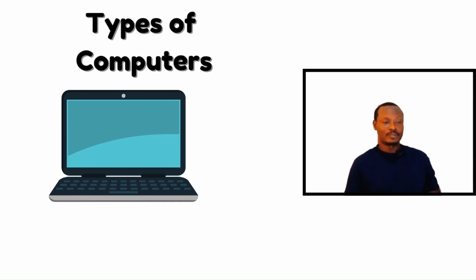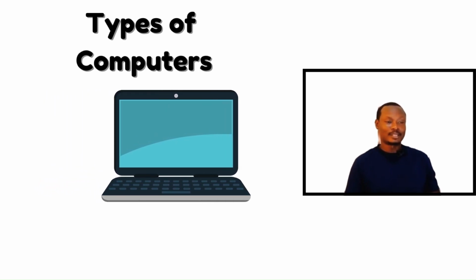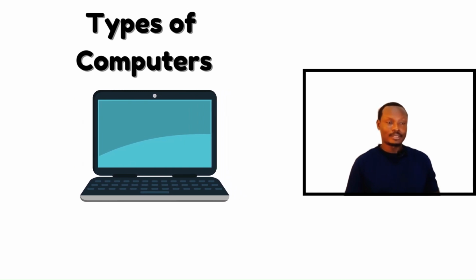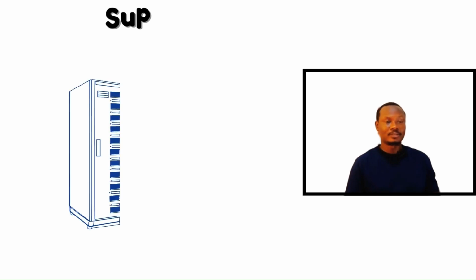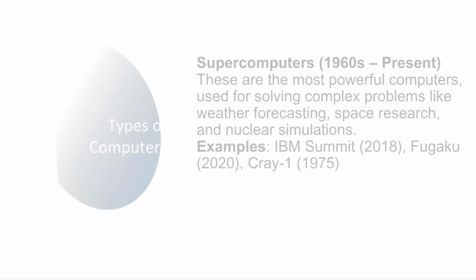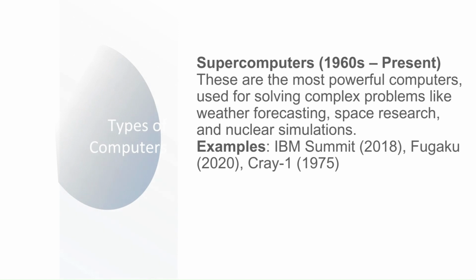In the previous video, I mentioned that we are going to have a brief discussion on the types of computers, the supercomputers. Supercomputers popped up from the 1960s, and we still have them. These are the most powerful and fastest computers in the world.